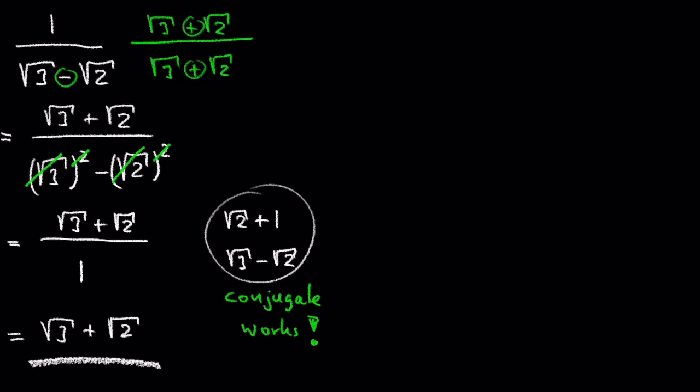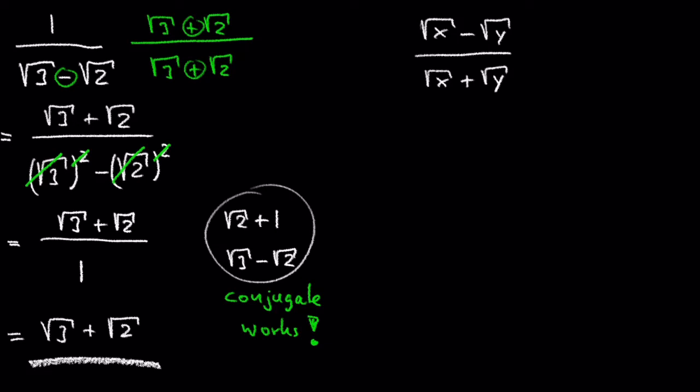Let's do one last example. We have the square root of x minus the square root of y on the top and the square root of x plus the square root of y on the bottom of our fraction.